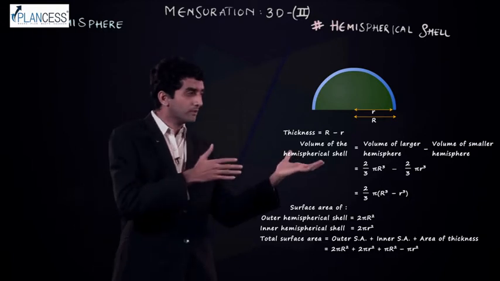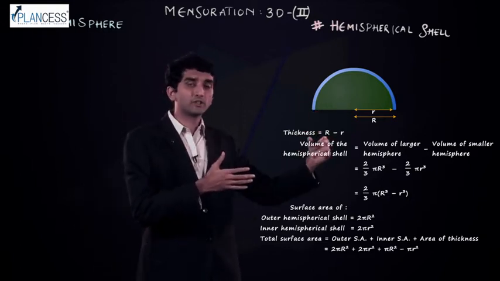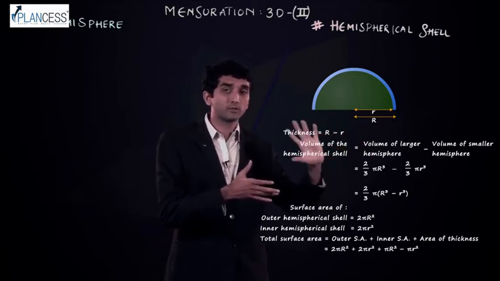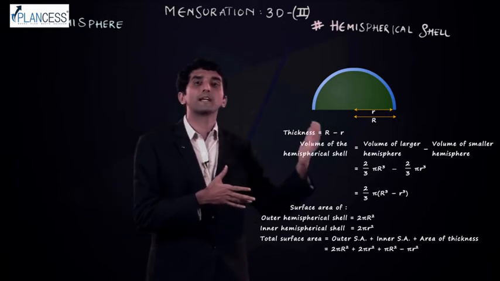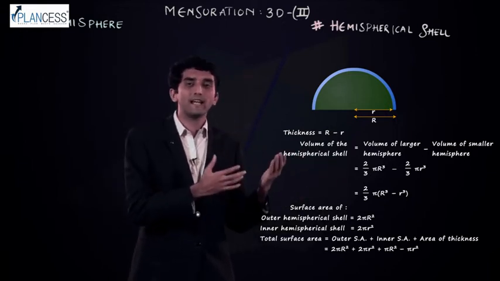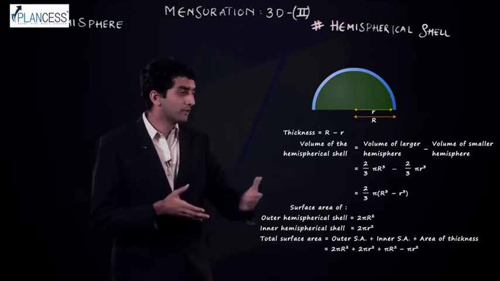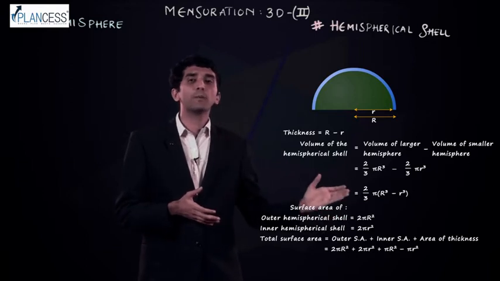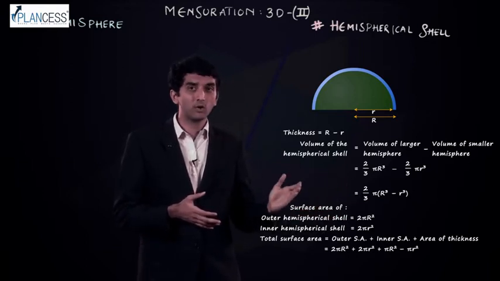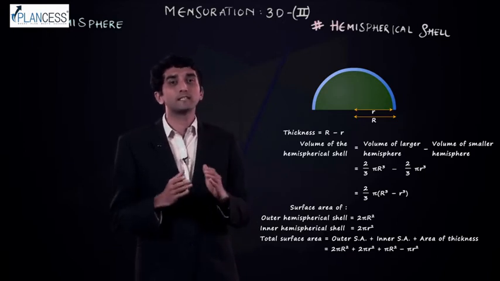Reason being, if you have a look at that base, it is a larger circle minus the smaller circle. So when you talk about the area of that base, it's the area of the larger circle minus the area of the smaller circle, and hence pi capital R square minus pi small r square. So when we look at this total surface area in its entirety, it is 2 pi capital R square plus 2 pi small r square plus pi capital R square minus pi small r square.